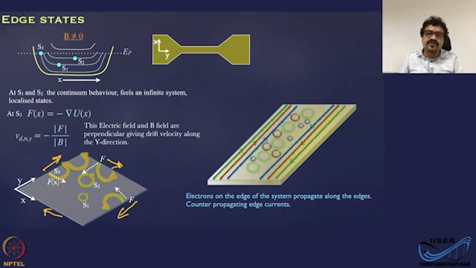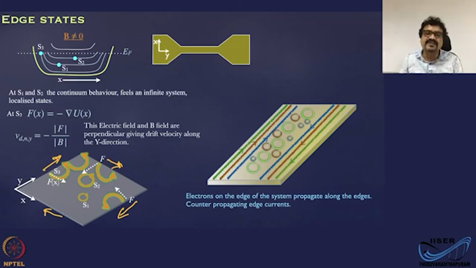So what we have now is, these Landau levels are orthonormal states. They are orthogonal states. They don't mix. But every Landau level will cross the Fermi level at the edge.